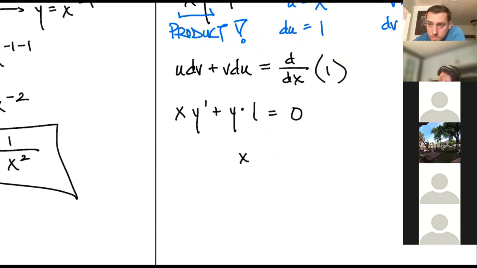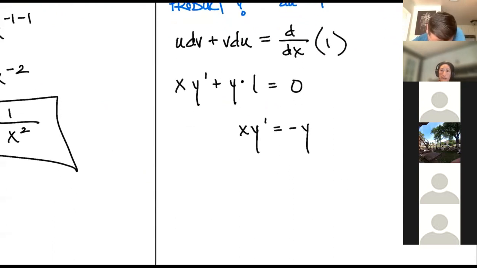I'm going to get x y prime equals negative y. And then how do I get that y prime by itself? I've got to divide both sides by x. So y prime equals negative y over x.